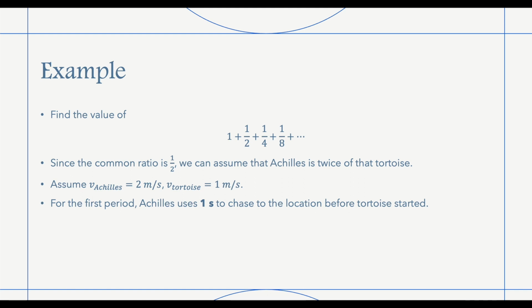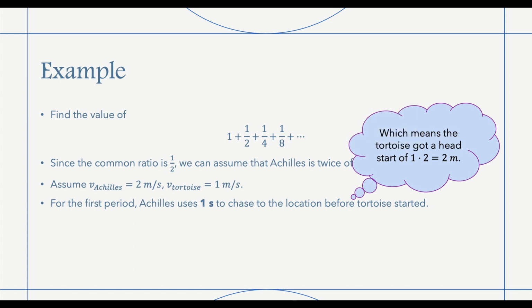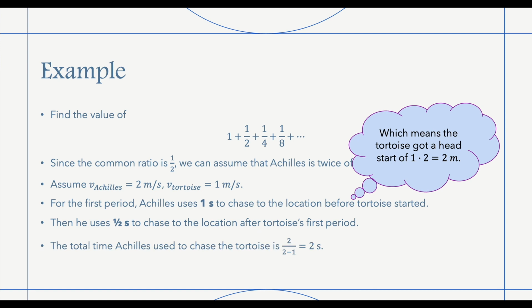We can reflect on that and see that for 1 second, since his speed is 2 meters per second, the head start of the tortoise is 1 times 2, which is 2 meters. Then he uses 1/2 second to reach the tortoise's position after the first period, then 1/4, and so on and so forth.